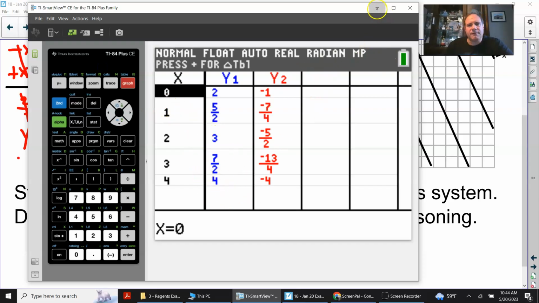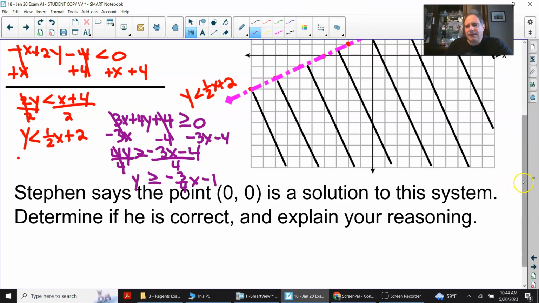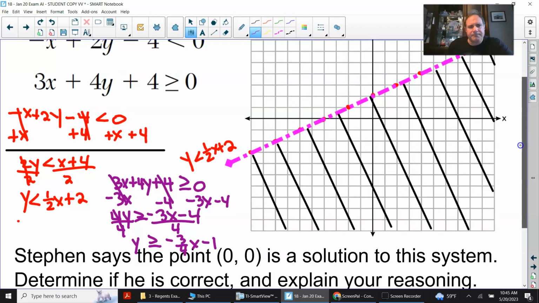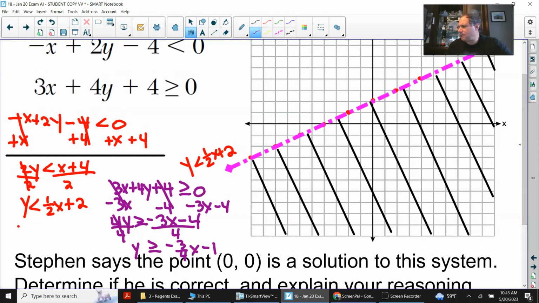Always skip the fractions. But again, for this slope, it's a negative 3 over 4 slope. So that means it's going down from left to right. So going back to doing it by hand, it's a negative 3 over 4. So it's down 3 and to the right 4.